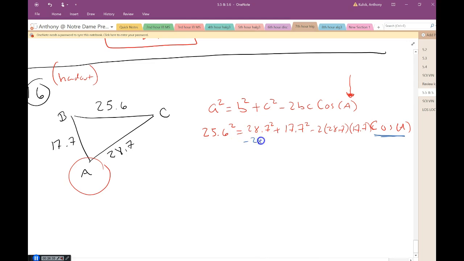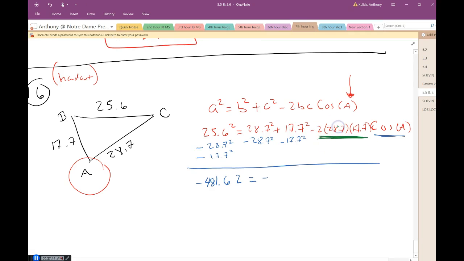So I'm going to start by subtracting these two things to the other side. Everybody good with that? When I do that, 25.6 squared minus 28.7 squared minus 17.7 squared is going to be negative 481.62 equals, and then I might as well multiply this stuff together to get the coefficient.